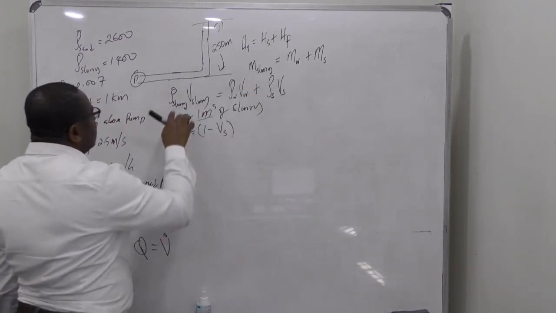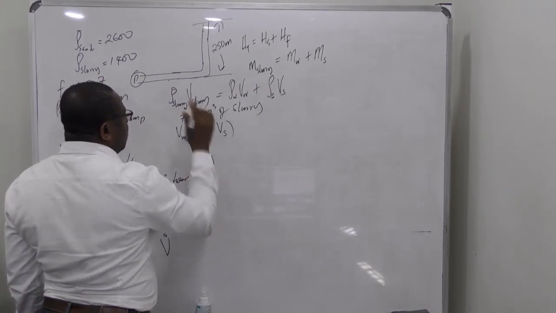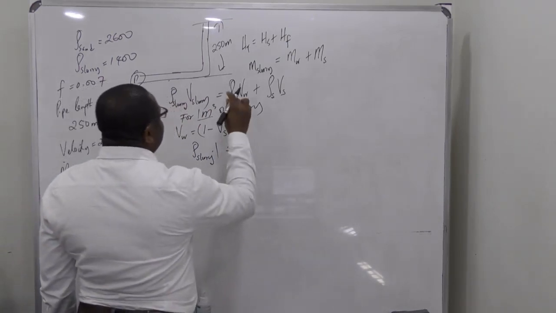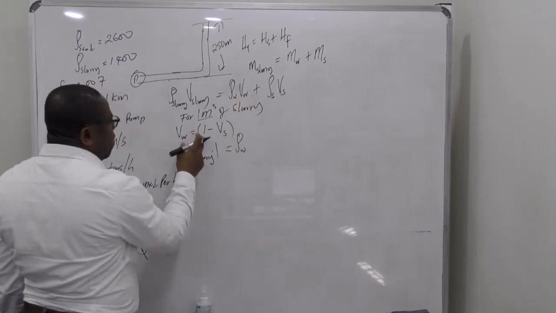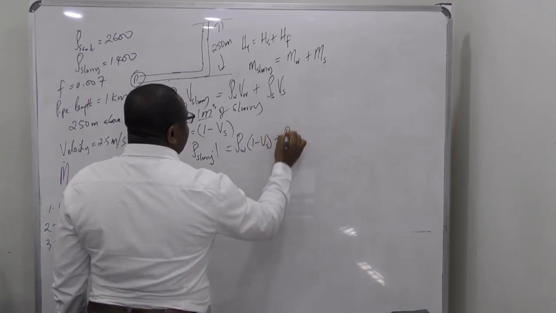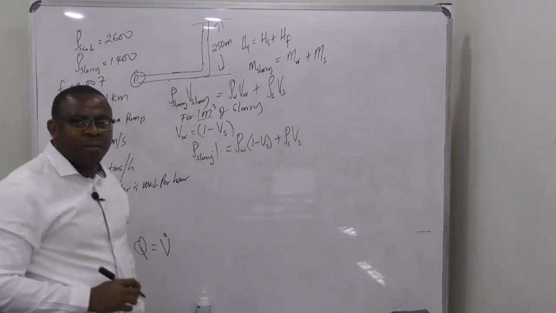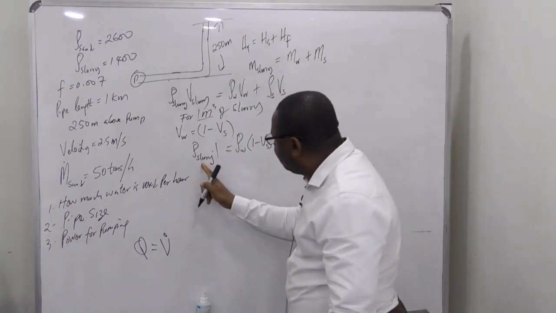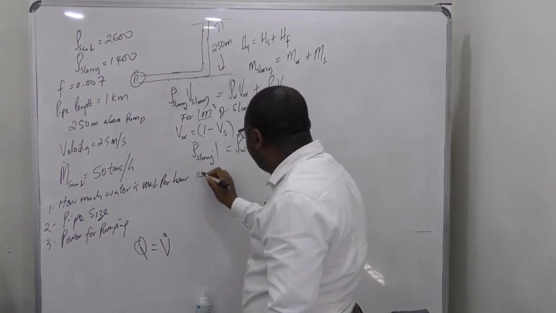So we just take this and put it there. We have the density of slurry times the volume of slurry, which we said is 1 in this case, equals the density of water times the volume of water, and the volume of water is 1 minus volume of sand, plus the density of sand times the volume of sand. So once we get this, you can substitute. What is the density of slurry? It is given to us as 1,400.